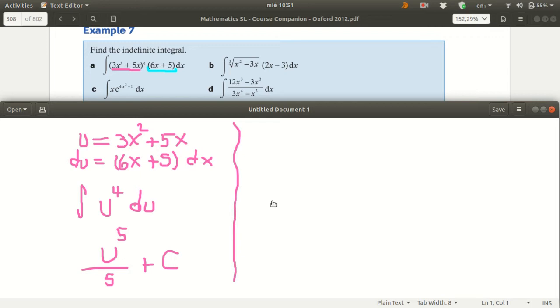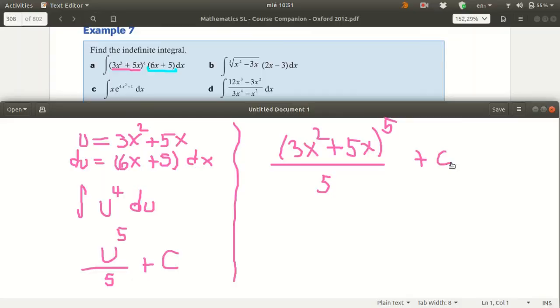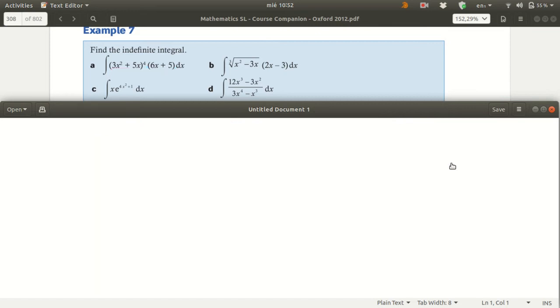So our final solution is going to be (3x squared plus 5x) to the power of 5 over 5 plus a constant c. Now you guys can check to see if this expression is correct by finding the derivative. And for this particular function, when we find the derivative, you're going to have to apply a chain rule.